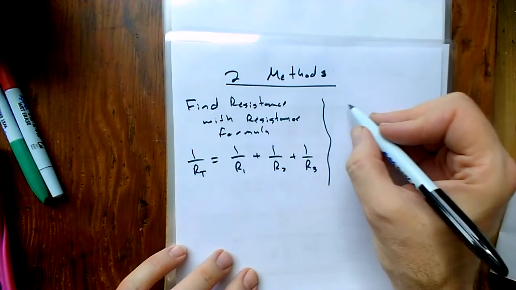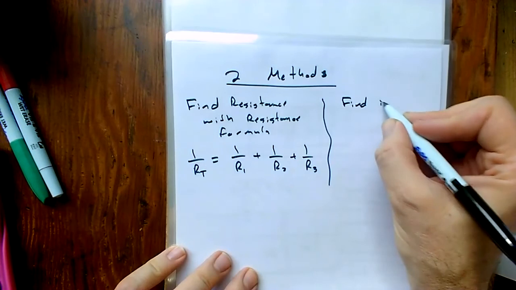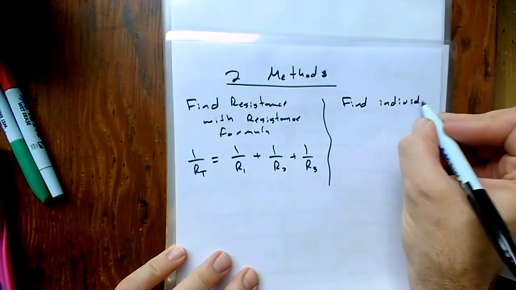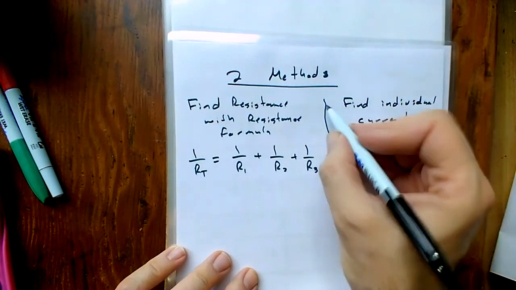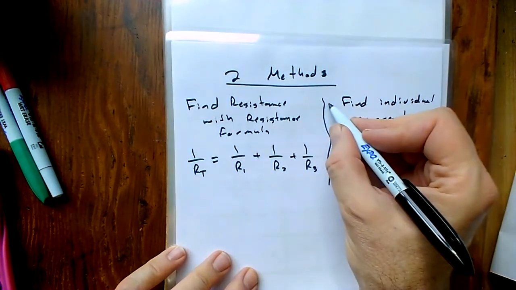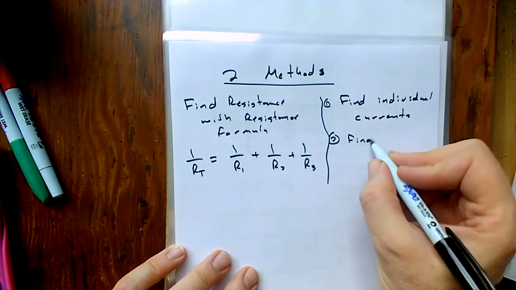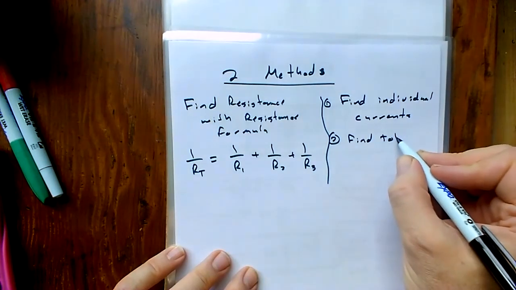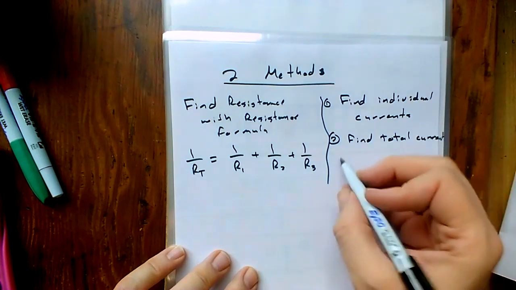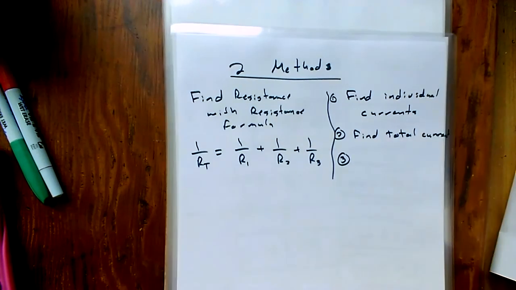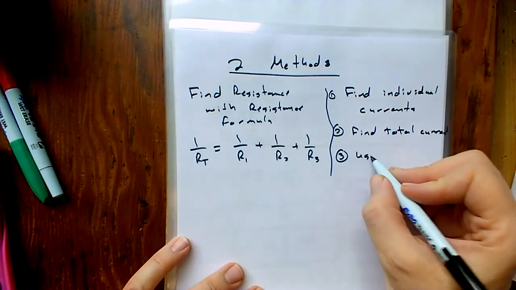Or we could find the individual currents, then find the total current, and after that you can use Ohm's law.